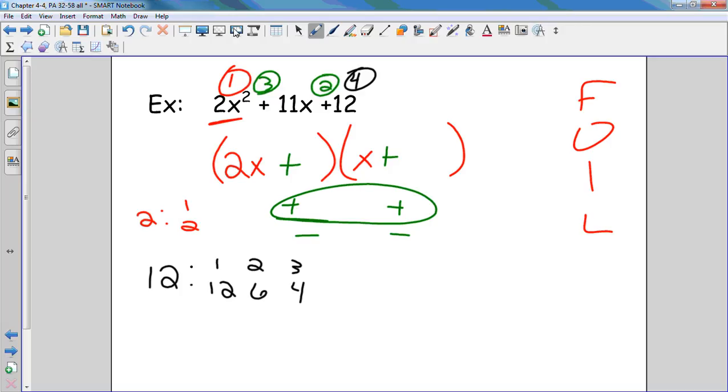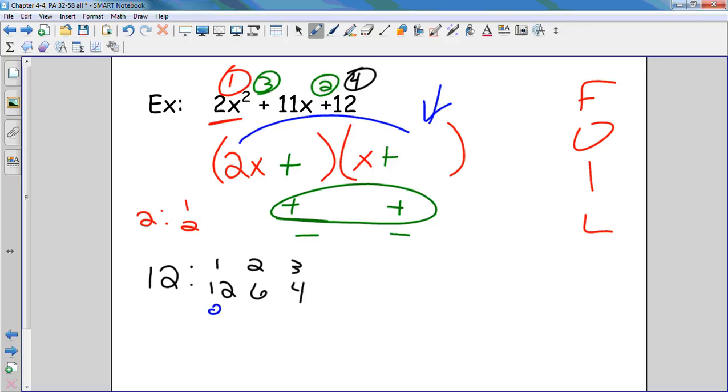It's going to double. Why? Because of the 2x. So whatever you put in this spot is going to double because of this outer 2x times that number. So when you're looking for your differences, you're going to have to multiply one of these numbers by 2 and then find the difference.